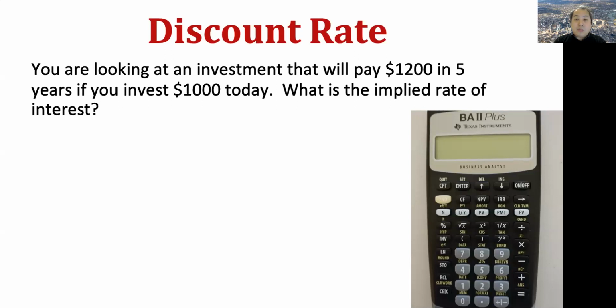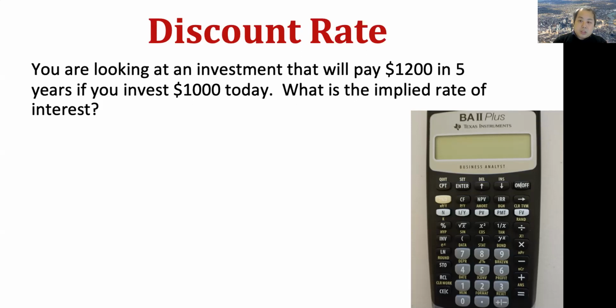If you have the same direction, you're not going to get the answer. You're going to get an error code. So before putting numbers into the calculator, make sure that this is outflow or inflow.